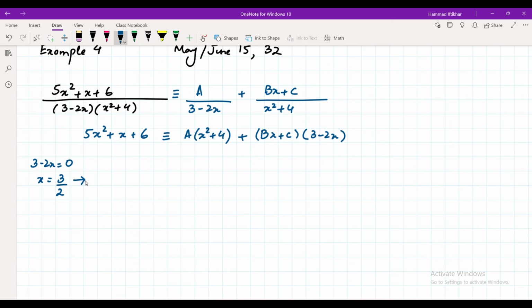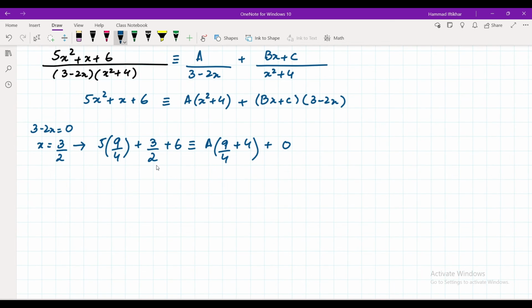But since we have already written it, let's go for that. So 5 times the square of x, that would be 9 over 4, plus 3 by 2 plus 6. Times 9 over 4 plus 4. Since the other side has 3 minus 2x, the entire thing would go to 0.